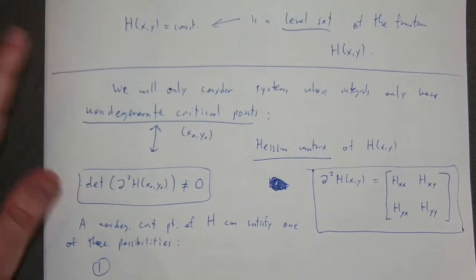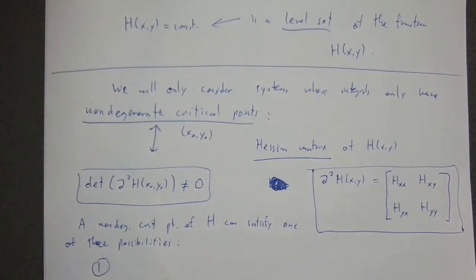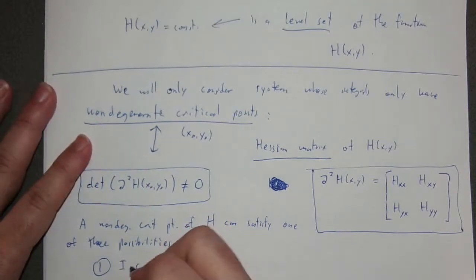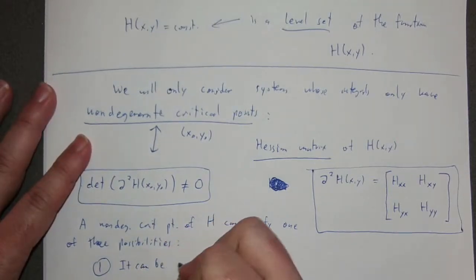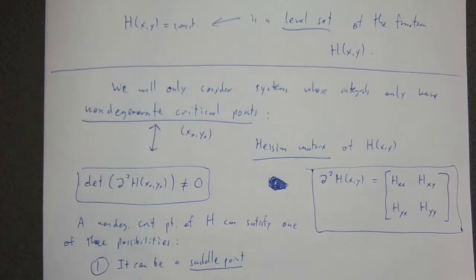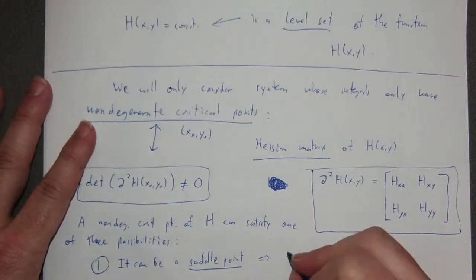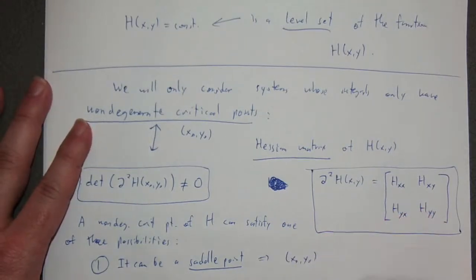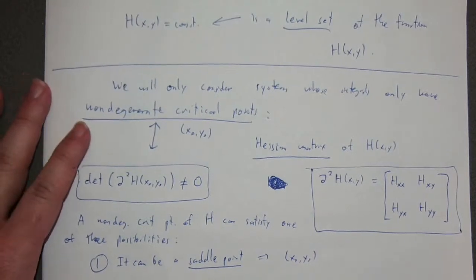So the first possibility, it can be a saddle point. In this case, x naught, y naught is a saddle in the phase plane portrait.